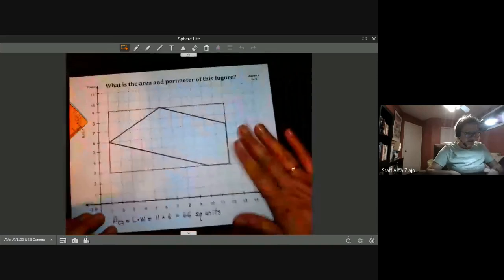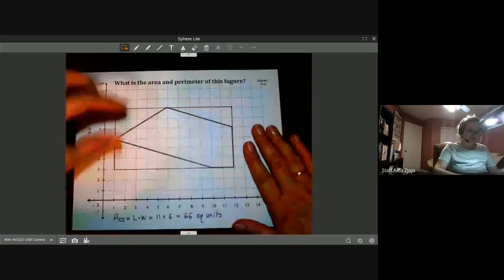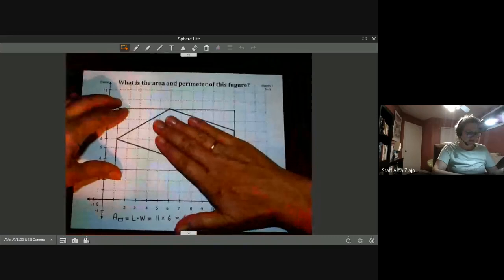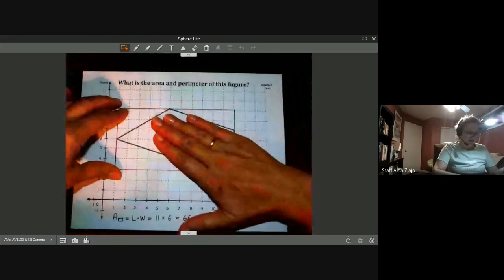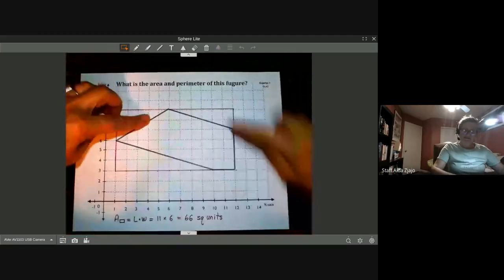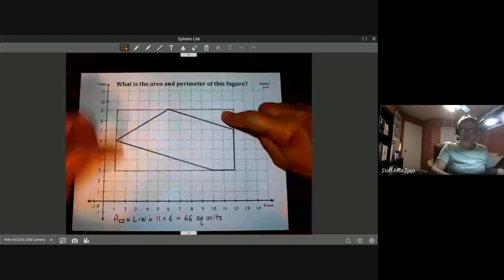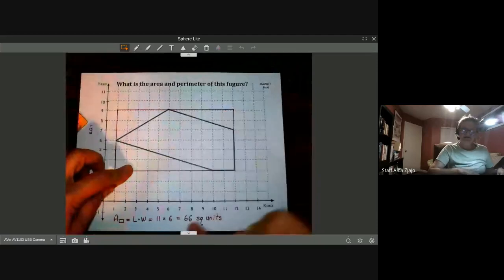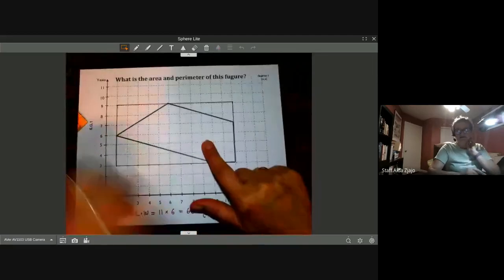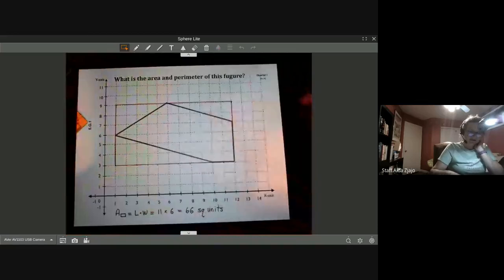Now, because we know all of it, we would like to know just the inside shape or figure. So we have to take off these parts, these big triangles, away from the total in order to figure out what the inside area is.